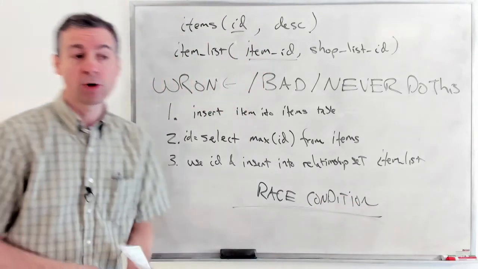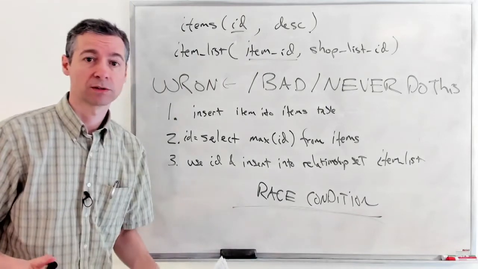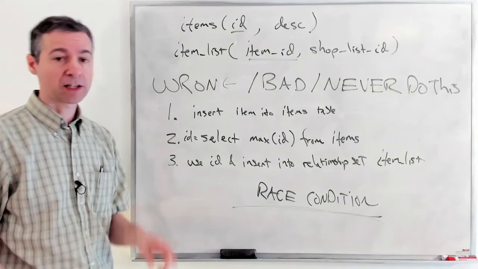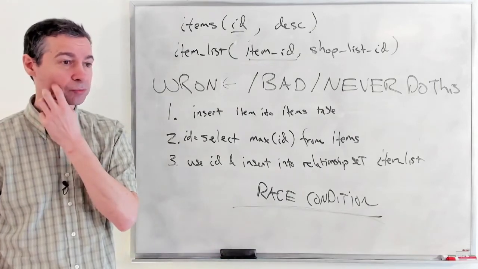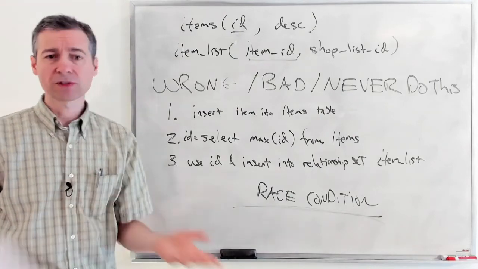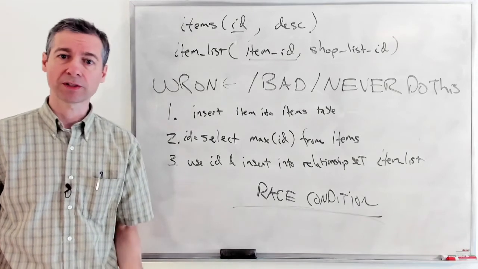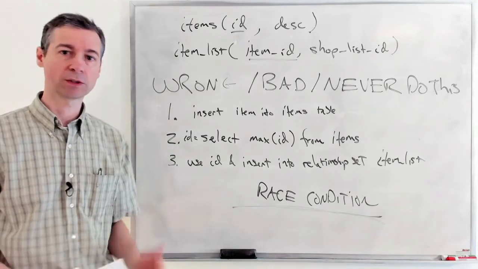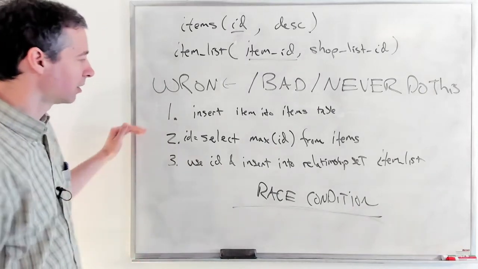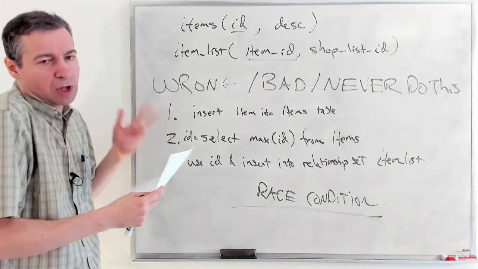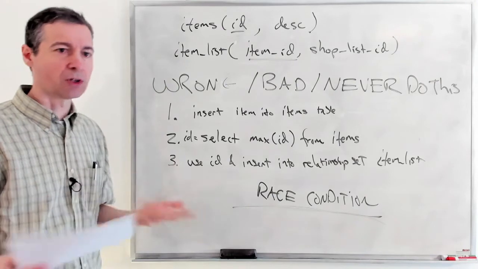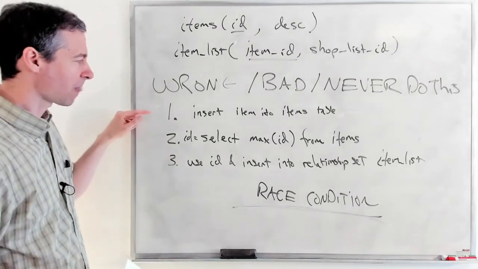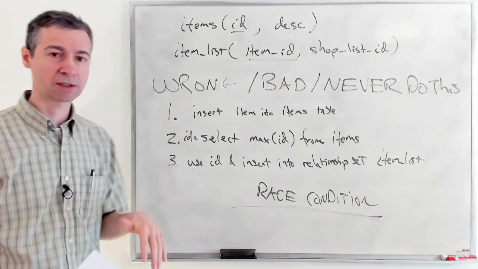Basically, it means whoever gets somewhere first gets it right, and the other person gets it wrong. So one person's going to win, one person's going to lose this race. One piece of code is going to work correctly, and the other piece of code is going to be broken. Both codes are broken, but one person gets the result they expected, and the other person gets a bad result. Actually, this will lead to inconsistent databases.